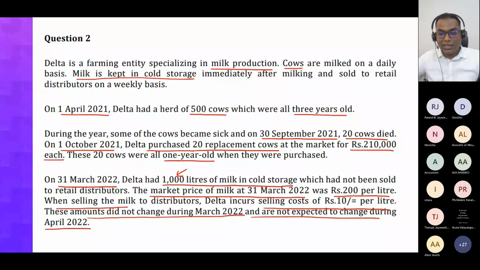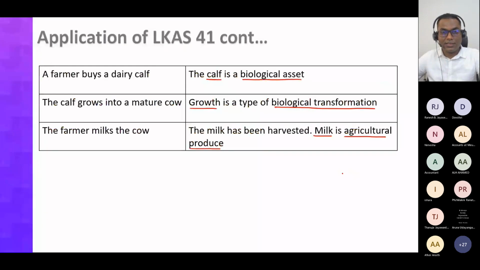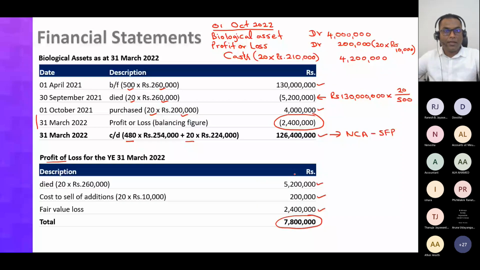What is the fair value per liter? 200 rupees. Selling cost is 10. That means fair value less cost of sale would become 190, 200 minus 10 per liter. Then with regard to these 1,000 liters, you have to initially recognize this as an agricultural produce at the time of harvest, 1,000 liters into 190 rupees per liter.